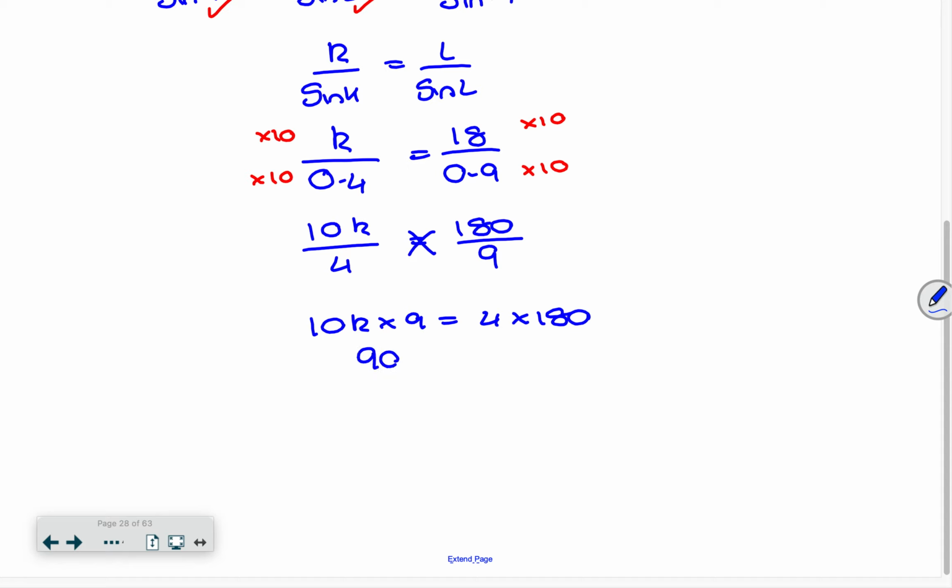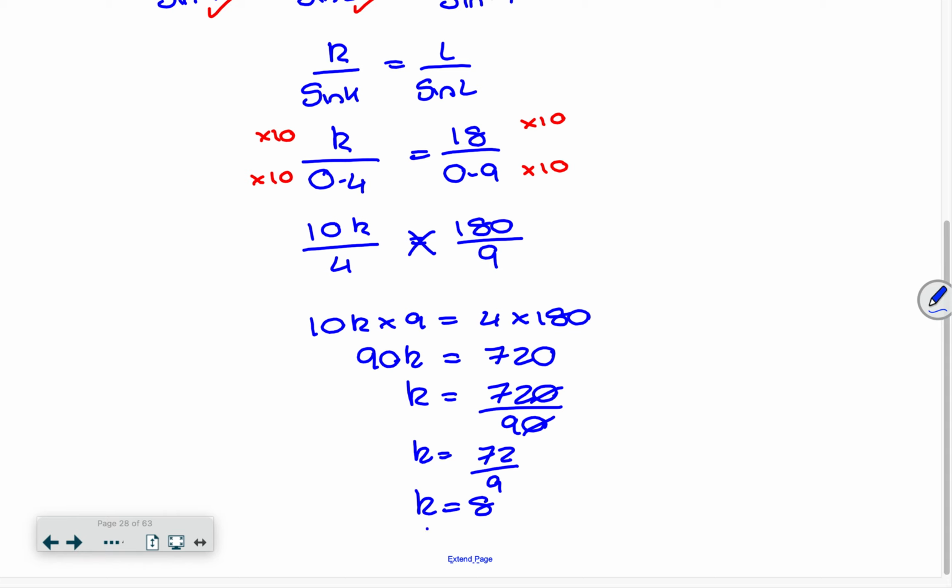So that'll be 90k is equal to 4 times 180, which will give me 720. So k is going to be 720 divided by 90, which is the same as just saying 72 divided by 9, so k has to be 8.